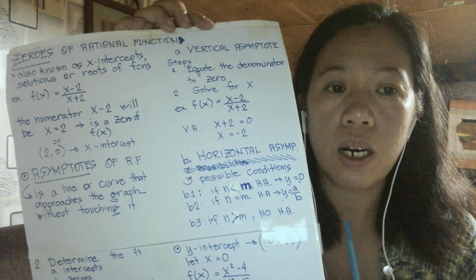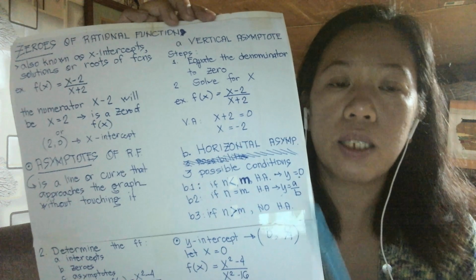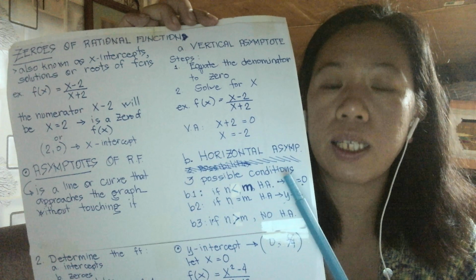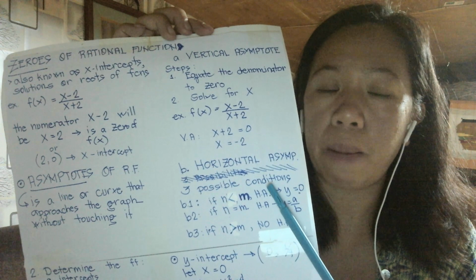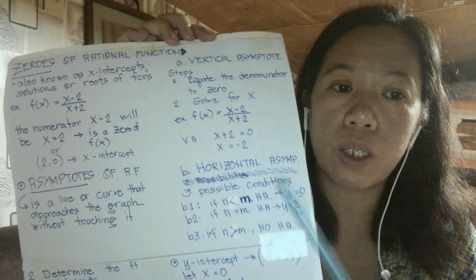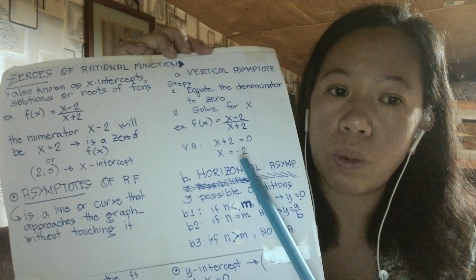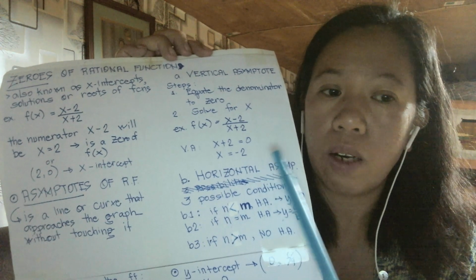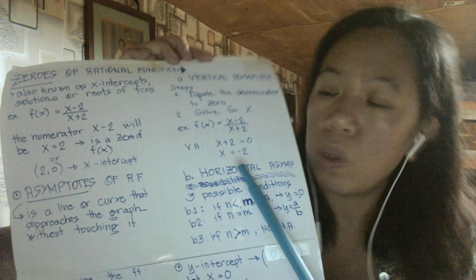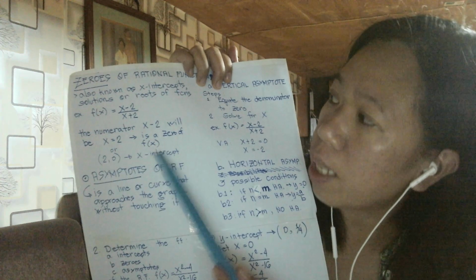From our discussion a while back, since zeros are also your x-intercepts, you follow the steps for the x-intercepts. So you let y be equal to 0. That's why you have here x minus 2, which gives x equals 2. That will be the zero of your function, or you can also write it as (2, 0).